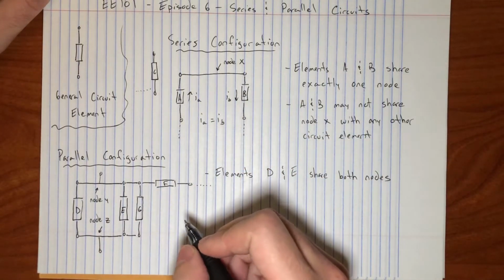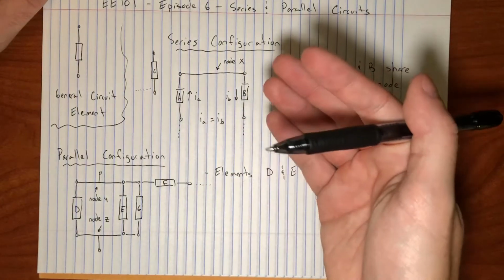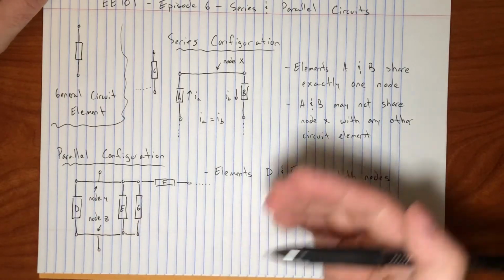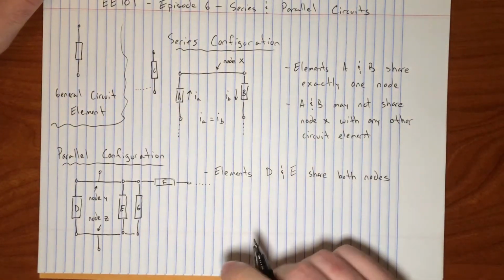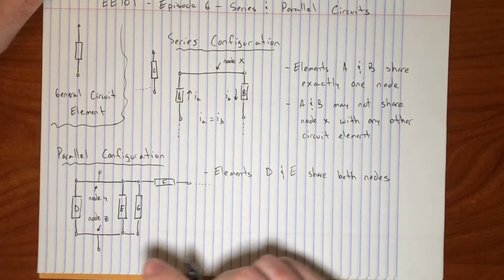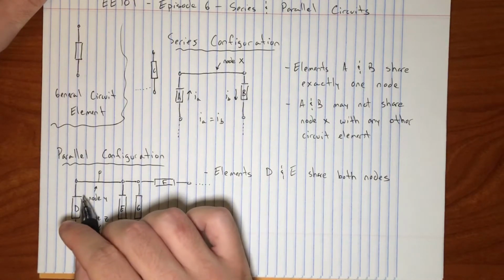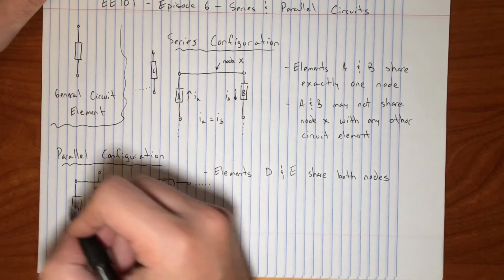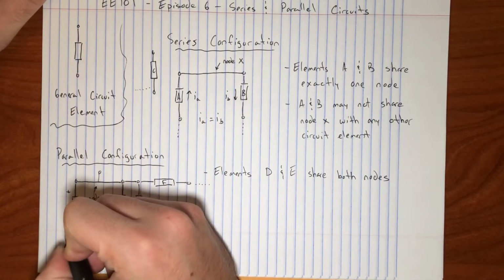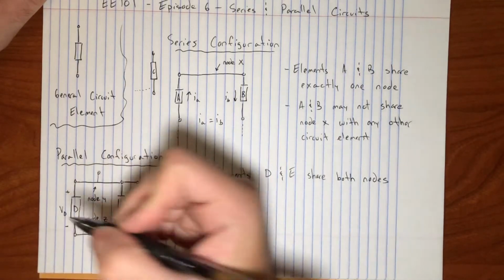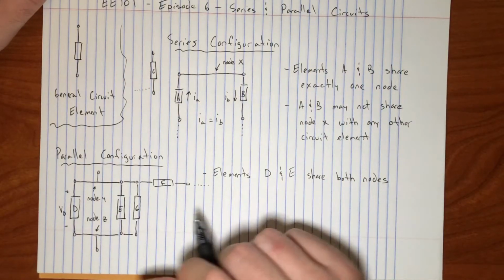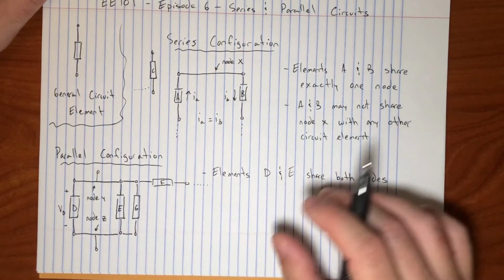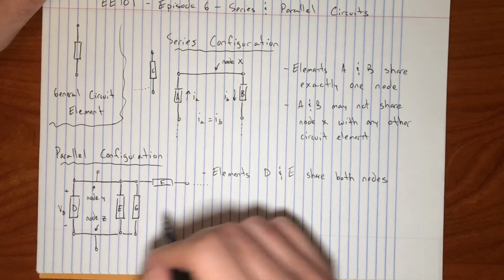Just like the series configuration had the KCL related consequence, parallel circuits have a KVL related consequence. Something you'll see, by virtue of the fact that we have ideal conductors connecting these elements, is that the voltage across element D, VD, the voltage across any element in parallel with another element, must be the same across each of those elements.